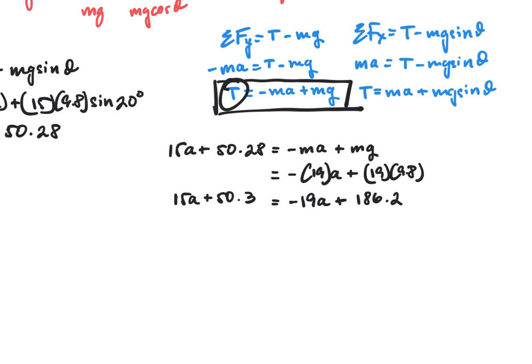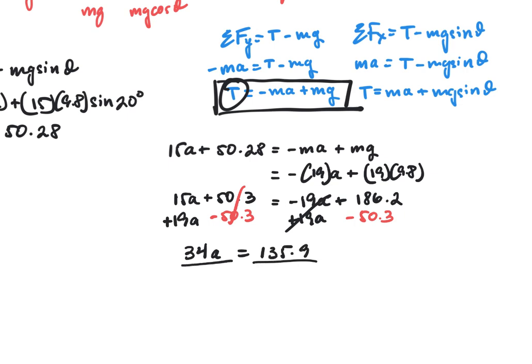Okay, so if we move our 19a to the left, 15 plus 19 becomes 34a. And if we move this 50.3, we're left with 186.2 minus 50.3, which is 135.9.